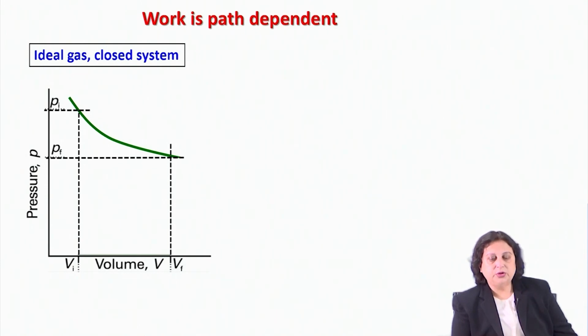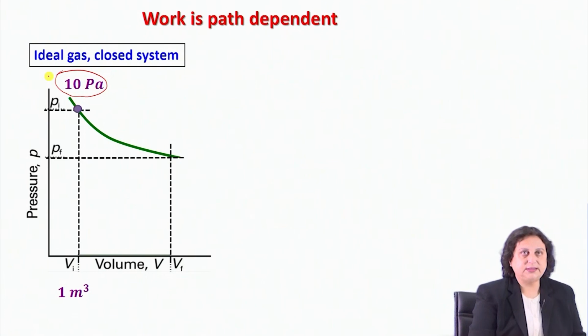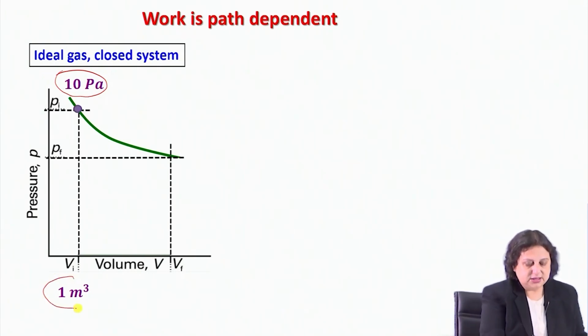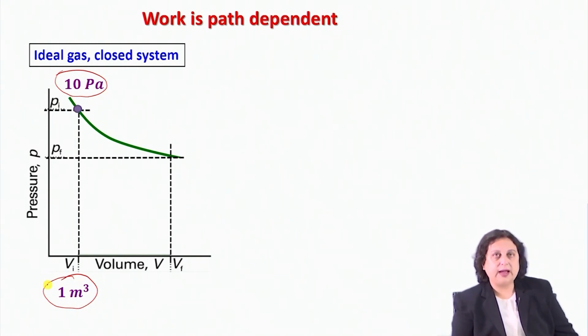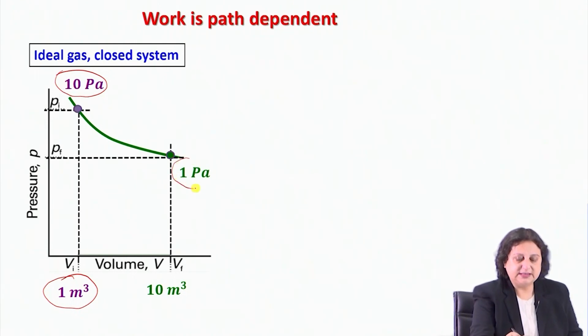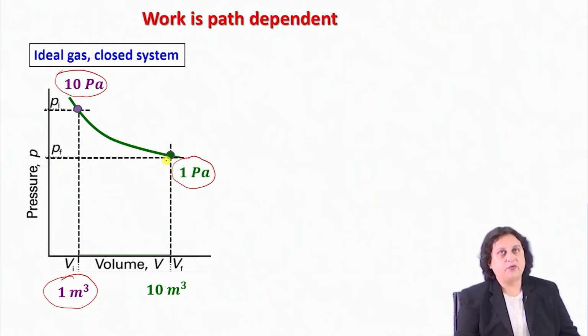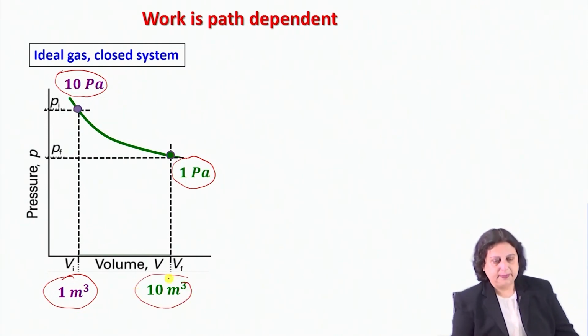Now I am going to start from this initial equilibrium state where the system has an initial pressure of 10 Pascal and an initial volume of 1 meter cube at a given temperature T. And I am going to look at the change in state such that the final equilibrium state is given by a pressure value of 1 Pascal and a volume of 10 meter cube.